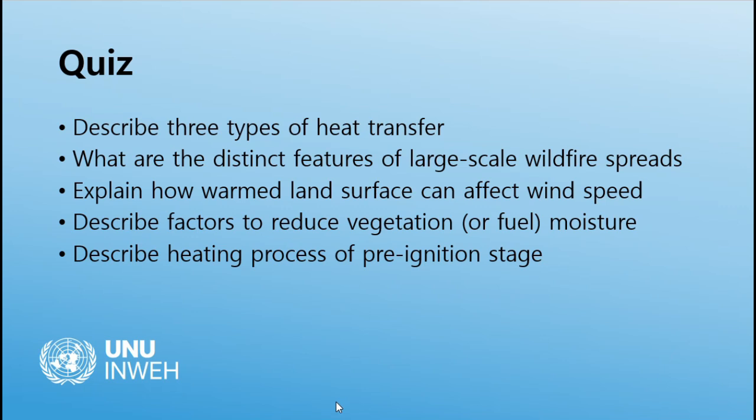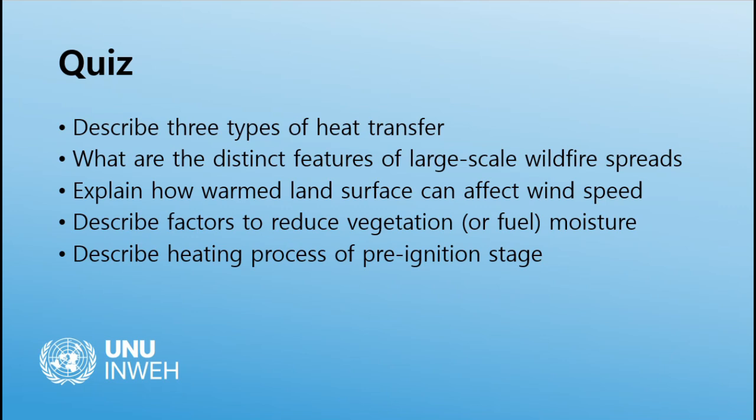For the quiz, please describe three types of heat transfer and which are the most relevant to wildfires, and what the distinct features of large-scale wildfire spread are, and why they are not conveniently extrapolated from spatial statistics of point measurements and in situ local stations.